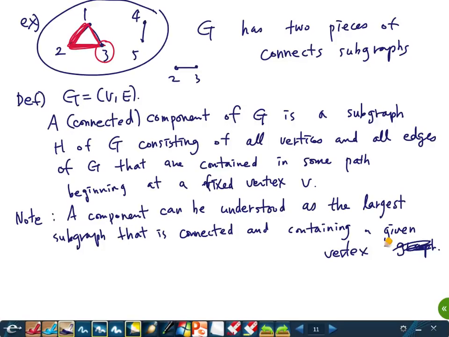Okay, this may be a little difficult to understand at first, so let me give you some examples. Maybe this is not a good example, but you should think of this as the largest subgraph containing a given vertex. In order to understand this completely, you need to see many examples.